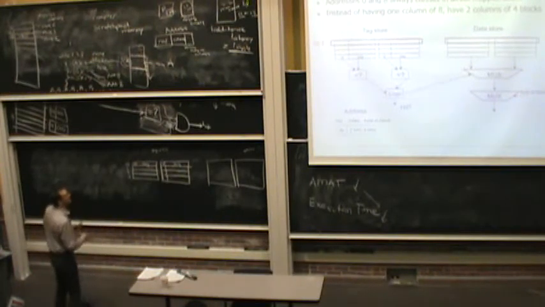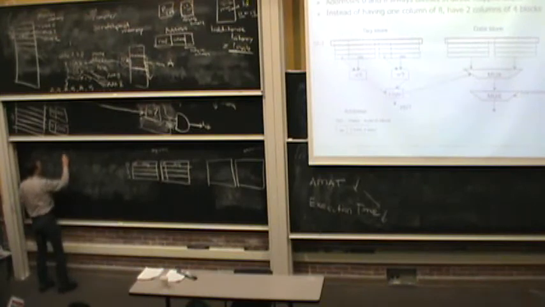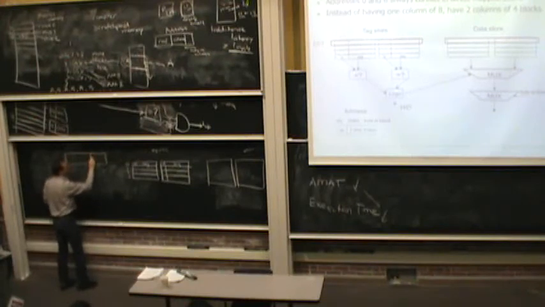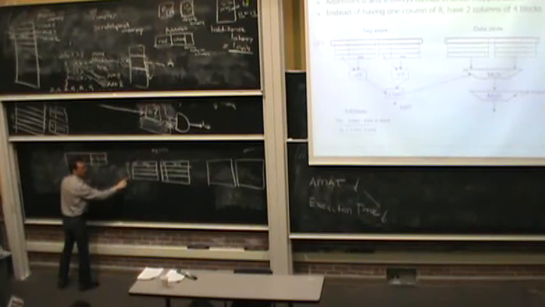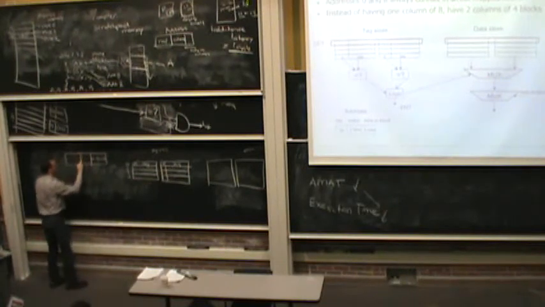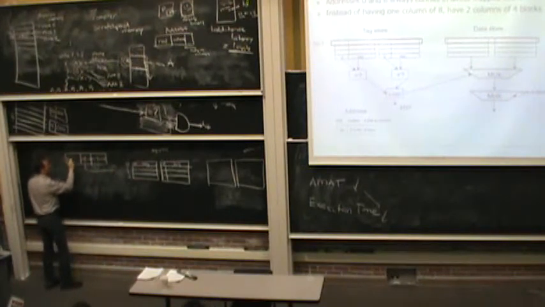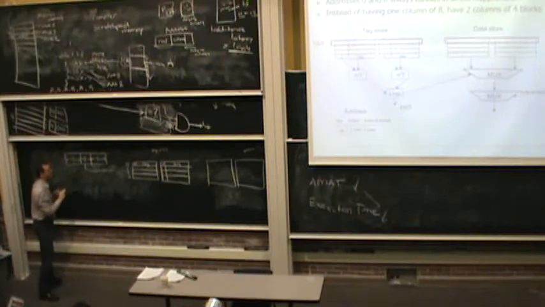Now, how do you index into this cache? What has changed? This is your address. These bottom 3 bits still tell you byte and block, but now we have 4 sets, so we use only 2 bits to index into the cache. And the remaining bits are the tag bits.